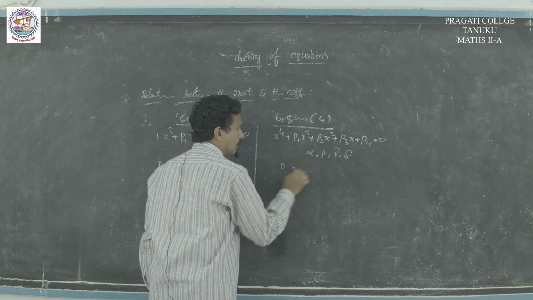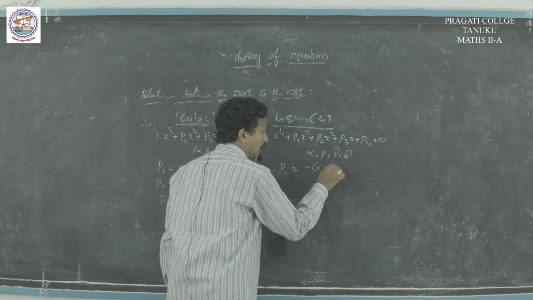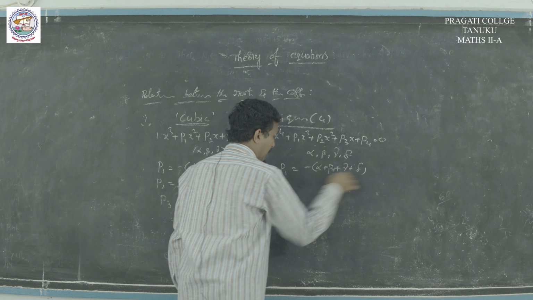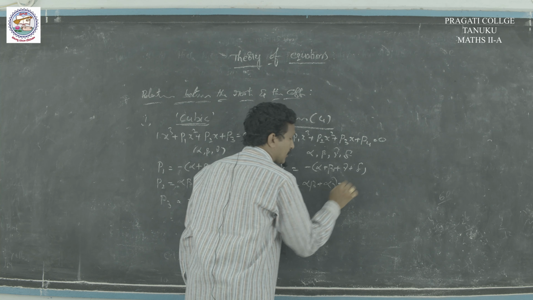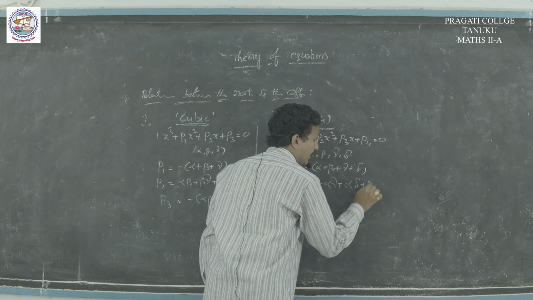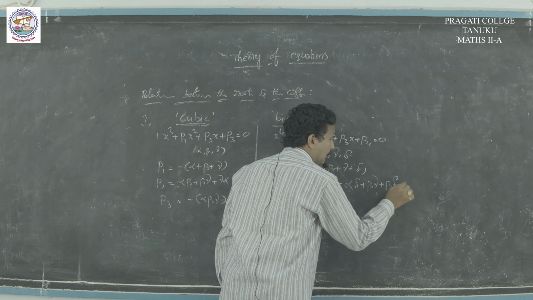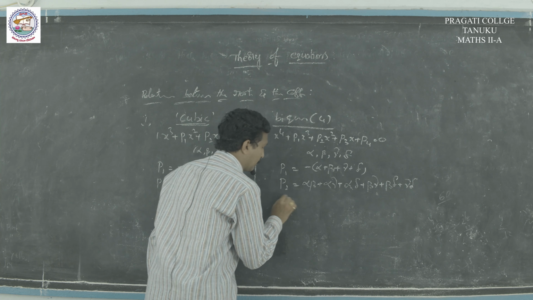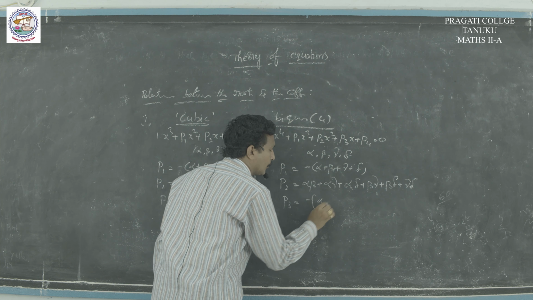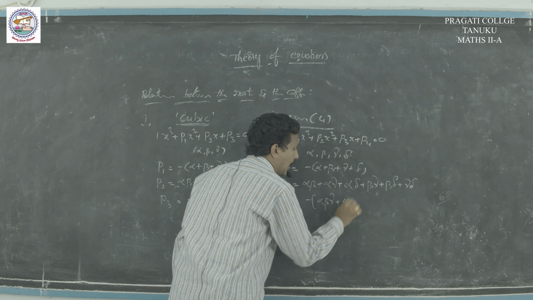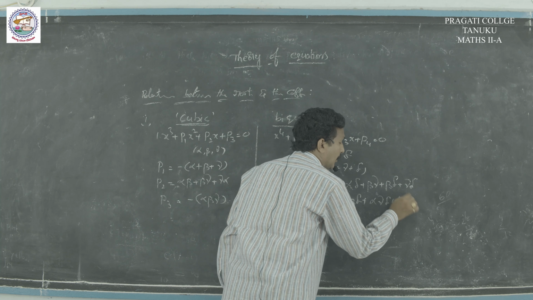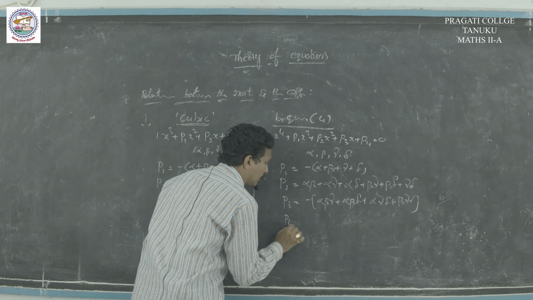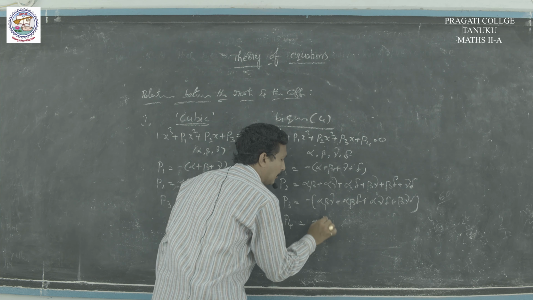Then p1 is equal to minus of alpha plus beta plus gamma plus delta, and p2 is equal to alpha beta plus alpha gamma plus alpha delta plus beta gamma plus beta delta plus gamma delta. And P3 is equal to minus of alpha beta gamma plus alpha beta delta plus alpha gamma delta plus beta gamma delta. And P4 is equal to alpha beta gamma delta.